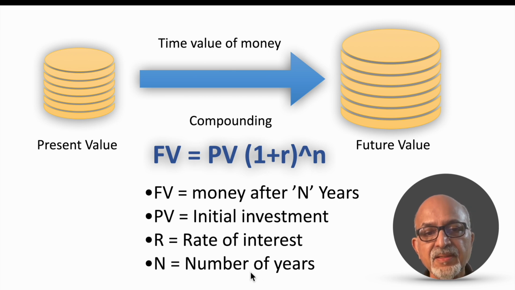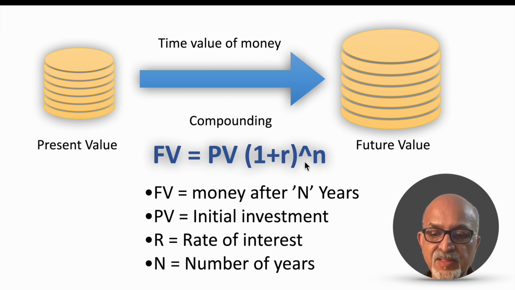So future value, the amount I'll get after n years, equals present value into (1 plus the rate of interest r percentage) to the power of n. That is the formula for predicting the future value.